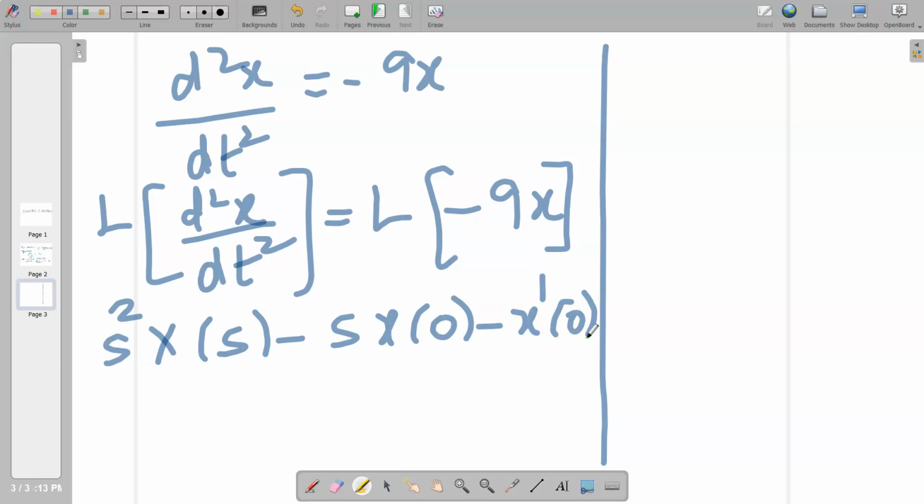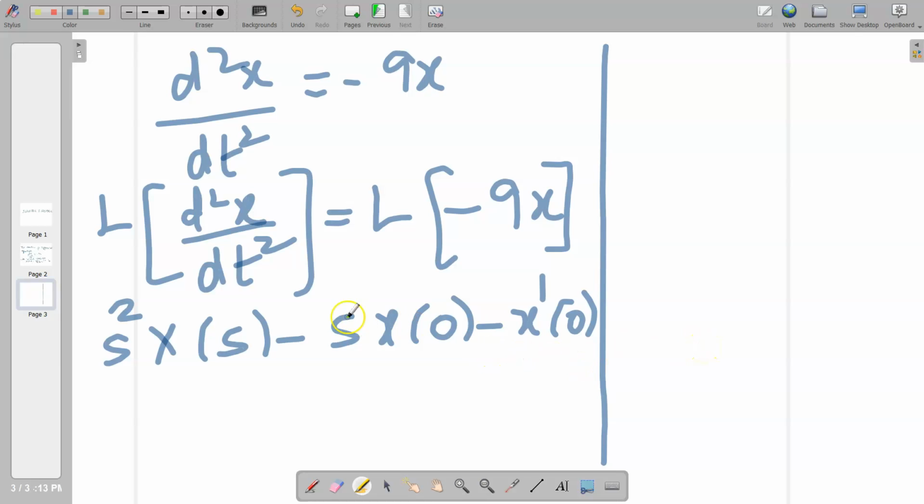That is, for d square by dt square we have s square, x is transformed to X of s, and since we have initial conditions, the next terms are minus s x of 0 and minus x dash of 0.